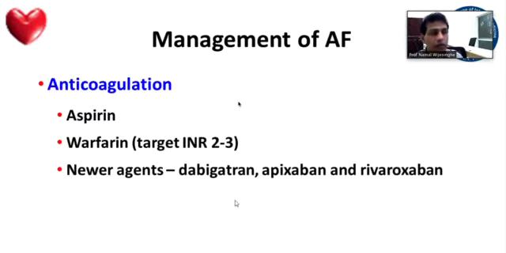But now there are newer medications which are not available in the government sector, but you might see them from time to time. They are expensive medications like Dabigatran, Apixaban and Rivaroxaban. You might from time to time see patients who are on these medications. But if you know aspirin and warfarin, and how to educate patients who are on warfarin and what to tell them, you do it.